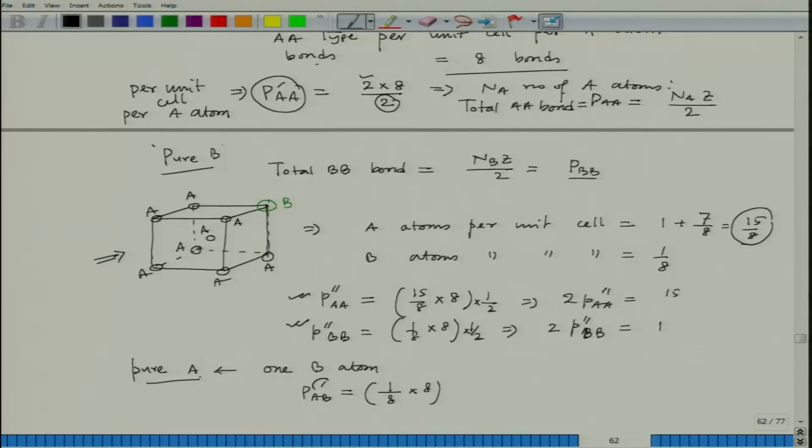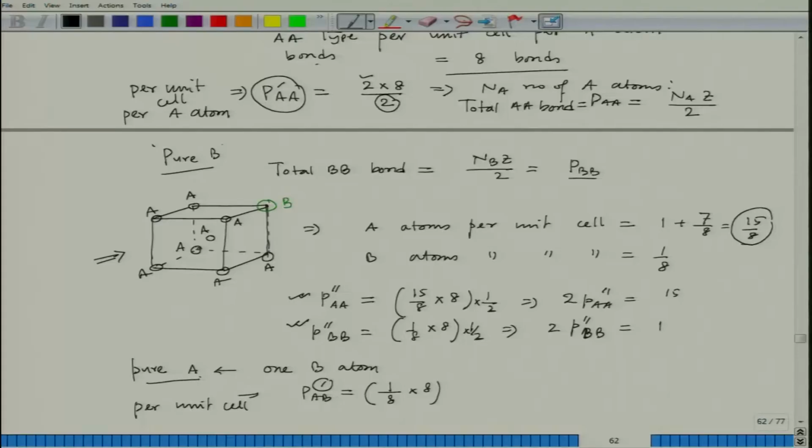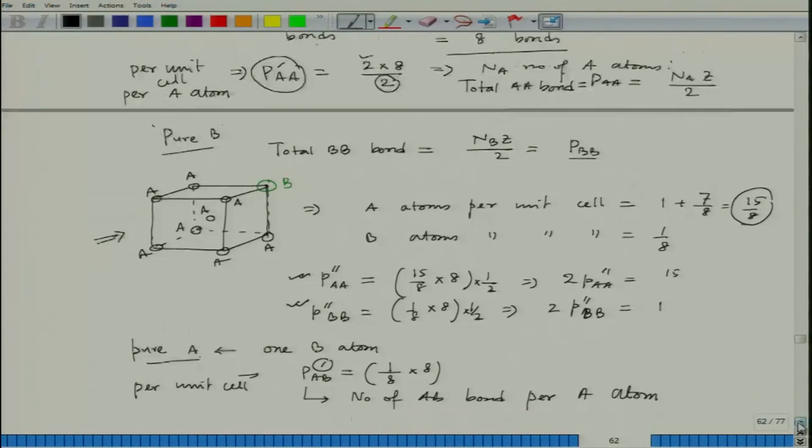And this prime I am mentioning indicates per unit cell. So, if I consider only pure A atoms, and one B atom replaces one A atom from one of those A sites, then the number of PAB bonds per A atom, this particular term, is also indicating the number of AB bonds per A atom.